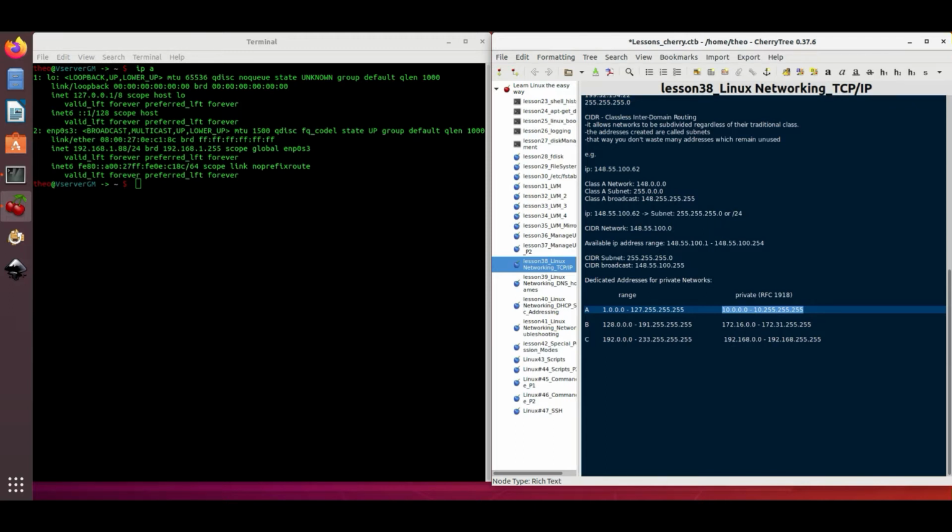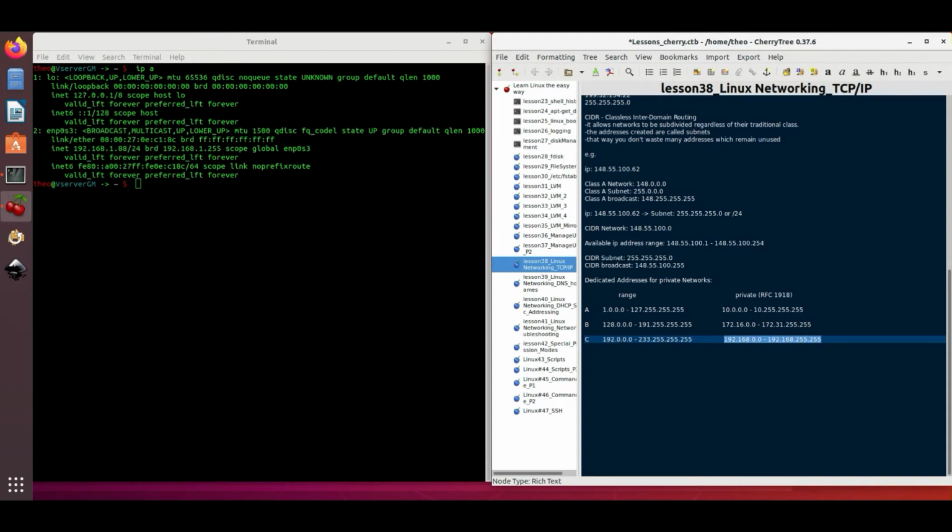And if we talk about the class B address, then this is the range, and the private sphere would be these addresses. And for the smallest network, class C, this is the range, and the private addresses are inside this range.